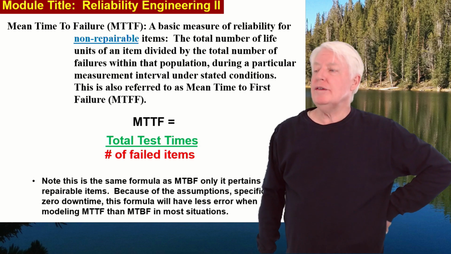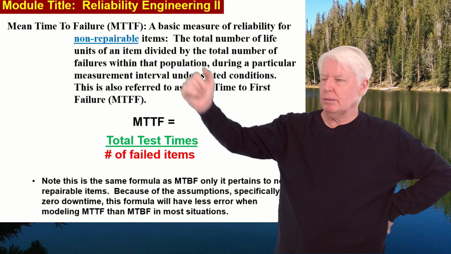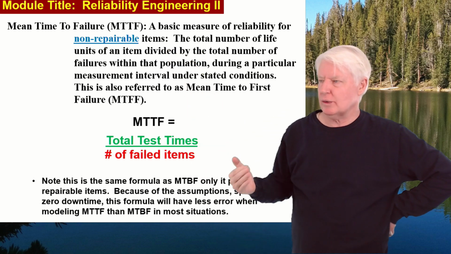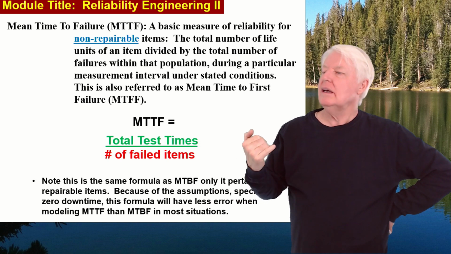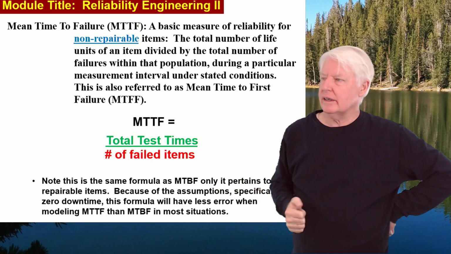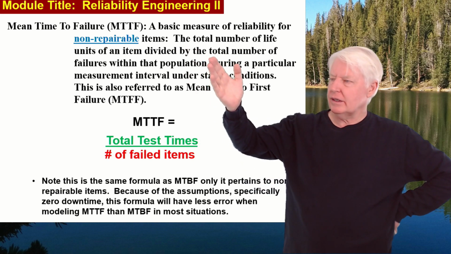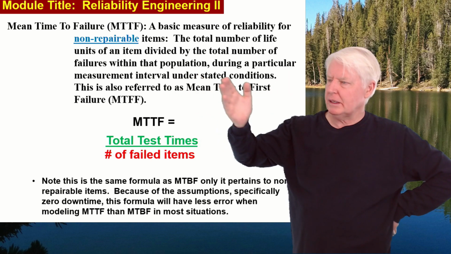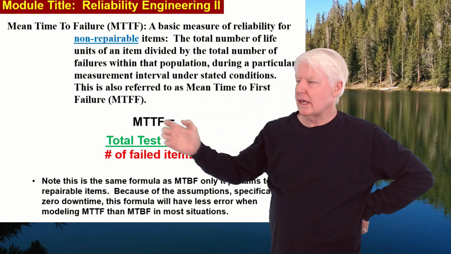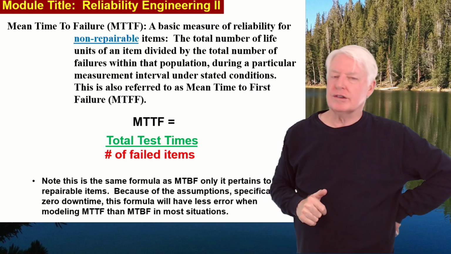Now, mean time to failure, a basic measure of reliability for non-repairable items. That's the biggest difference between the two. Mean time between failure is for repairable items, and mean time to failure is for non-repairable items. The total number of life units of item divided by the total number of failures within the population during a particular measurement interval under stated conditions. This is also referred to as the mean time to first failure.